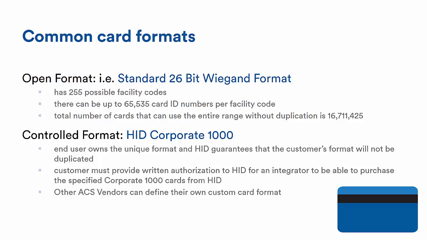When they determined that one police officer was able to access a sensitive area that only a judge had access to, they realized that it was due to an overlapping card number. Now, the odds of this happening are fairly low, but still possible. The courthouse then swiftly moved over to Corporate 1000.